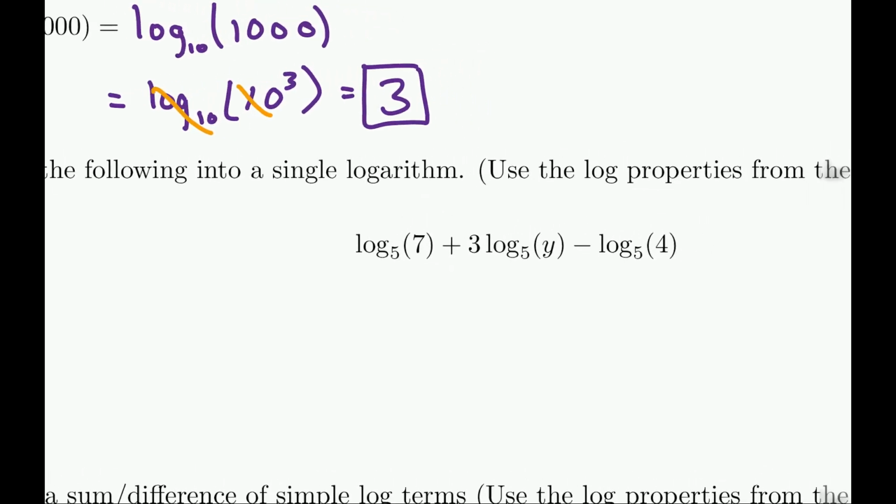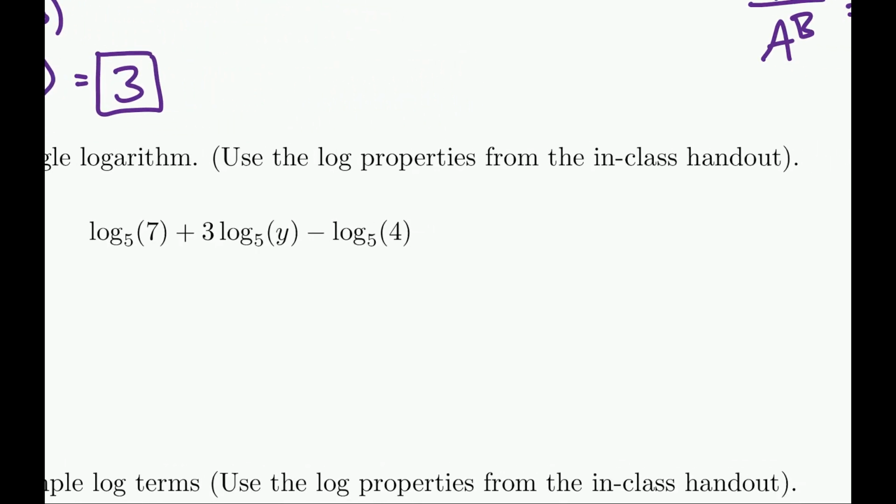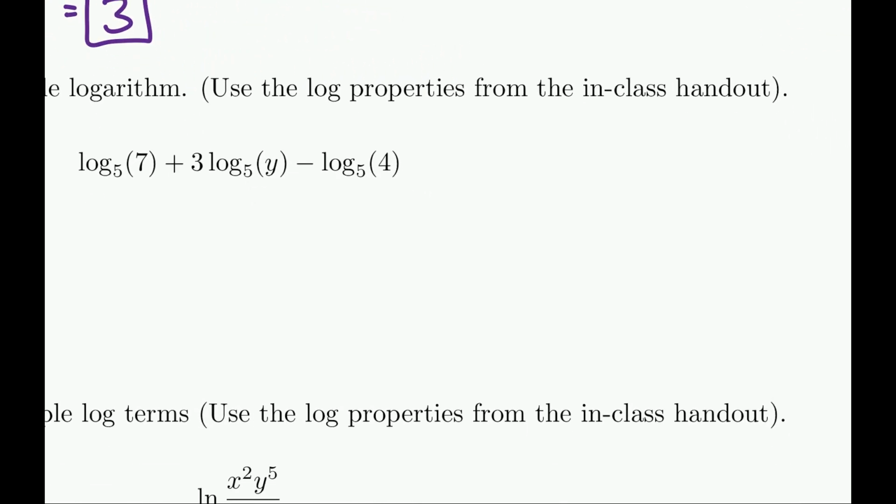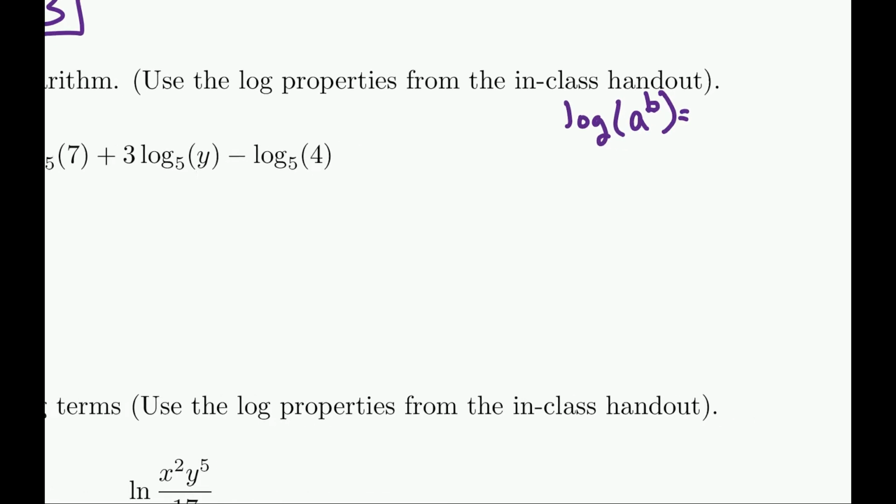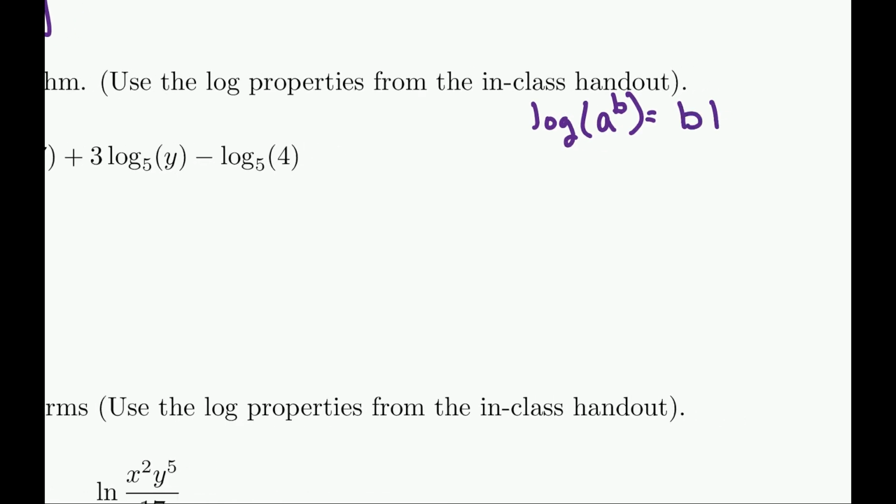Next, combine the following into a single logarithm. Use log properties from the in-class handout. So there's basically 3 properties here that you need, right? There's this one, let's say log of a to the b. You can take the b down in front of a log.